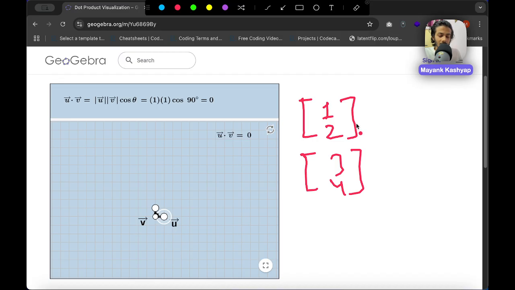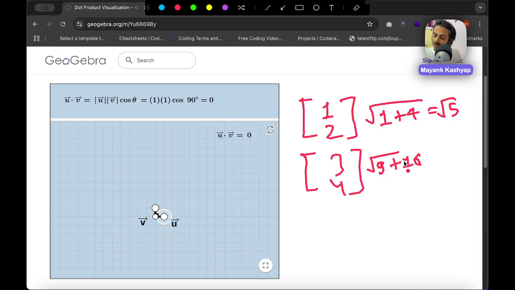So what would be the dot product? If we calculate the length, this would be 1 plus 4, which is under root 5, and this would be 9 plus 16, which is 25, under root will be 5, right?